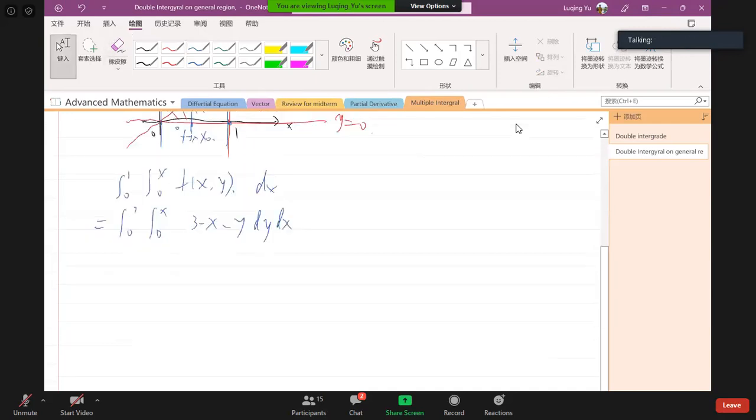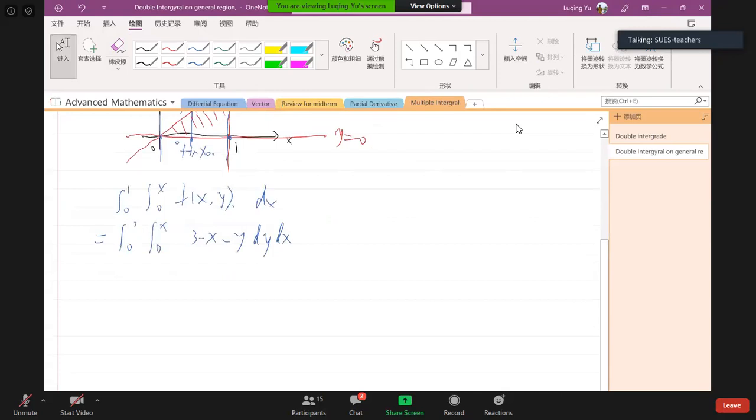Okay, so here, the other very important thing is, when you are doing the double integral, what I'm always asking you to do is, if you are integrating on y, x is constant here. Keep in mind, x is constant if you are integrating on y. So then here it is 0 to 1. You have to make sure that x is constant.